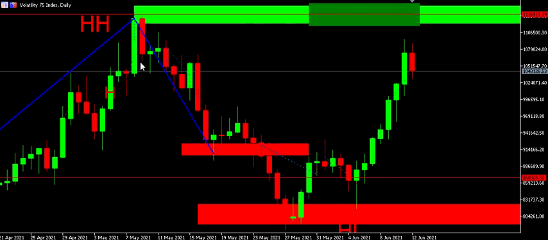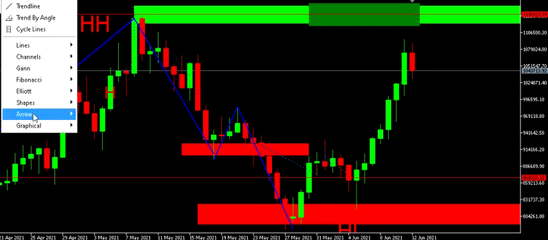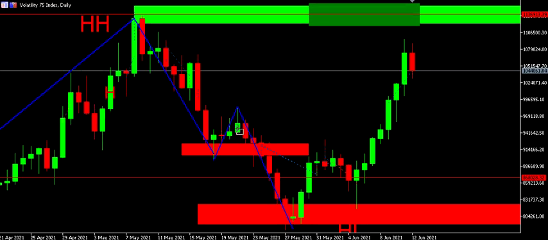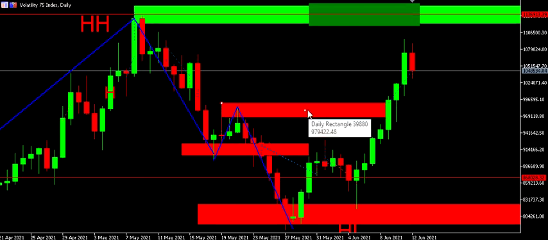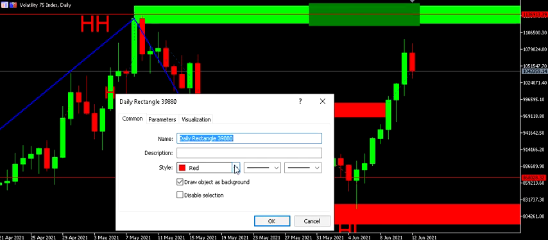Then price went up to this point, and then price slid. So I have a low and I have a high. I have a high point around here. So I'm gonna change the color of the shape to green.